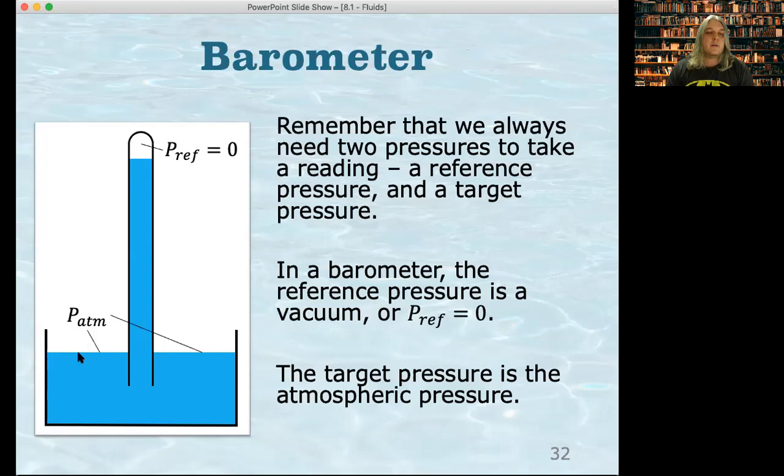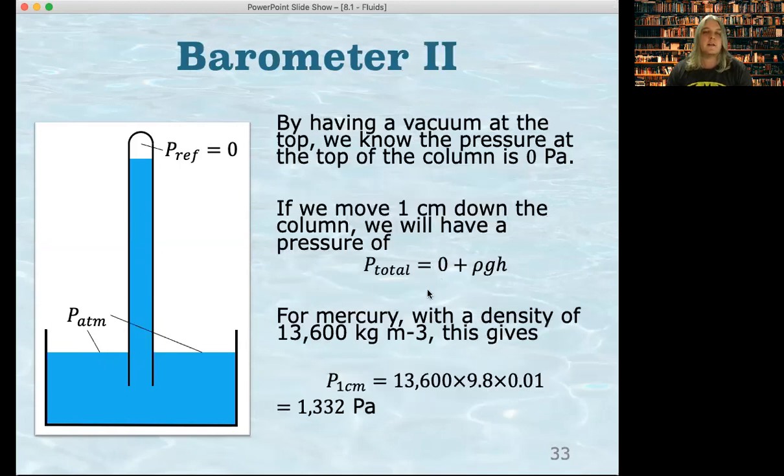And if we draw a horizontal line right through here, then the pressure at that line inside the barometer column is going to be the same as the pressure outside. Since this is atmospheric pressure and this is rho g h, that tells us exactly what our actual atmospheric pressure is. It is 0 plus rho g h, equal to atmospheric pressure.